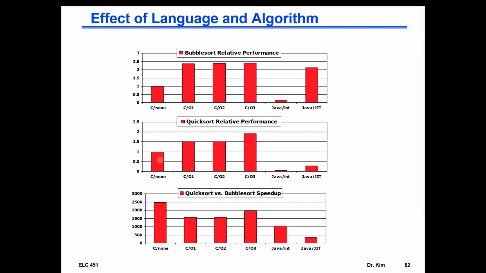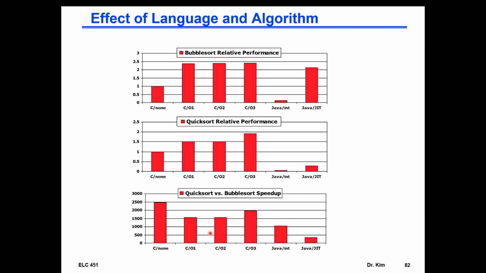But when you compare both with the actual execution times and performance, quicksort has a 2,500 times speedup. That means quicksort, that algorithm, is 2,500 times faster than bubble sort with non-optimized code. And overall it's better, and we know that.